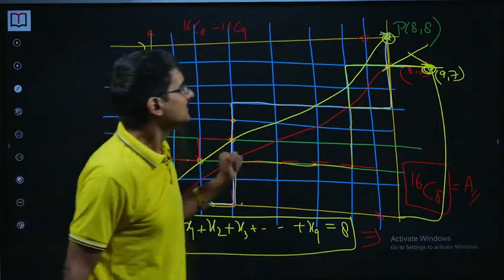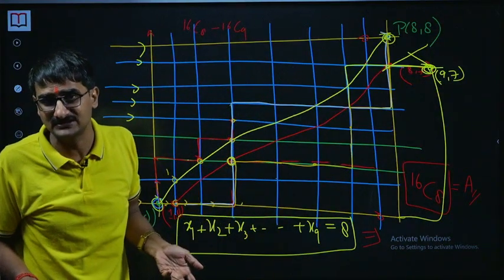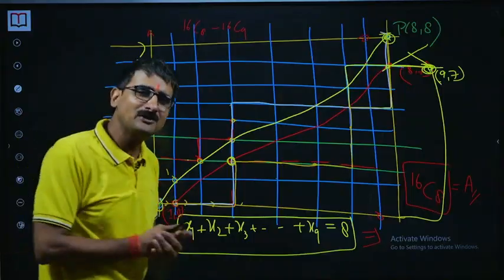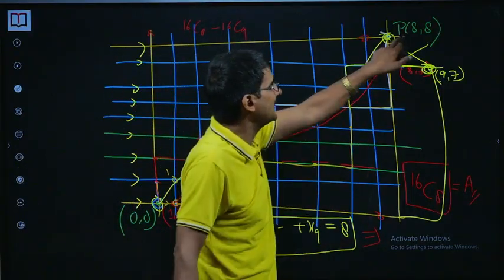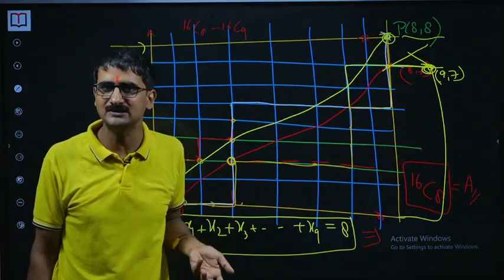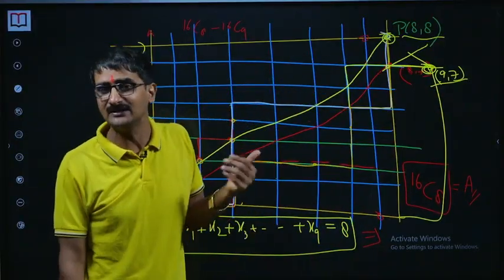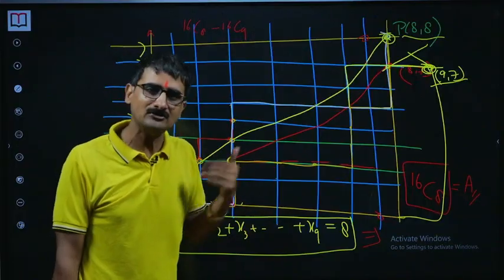Okay, now here you have 9, 7, which add up to give 16. Okay, so now number of ways of reaching there. See, when they add up to 8 plus 8 is 16, you selected 8, 16C8. Here they add up to 9 plus 7, again 16, but here either you have to select 9 or you have to select 7.